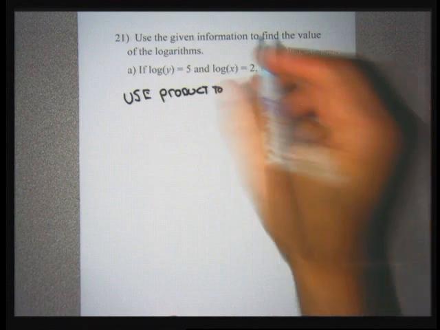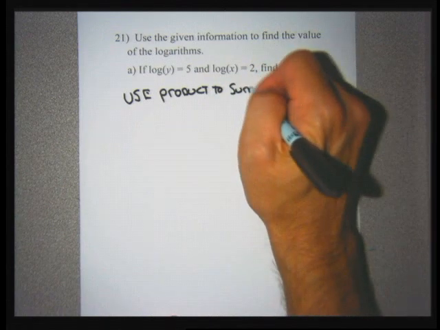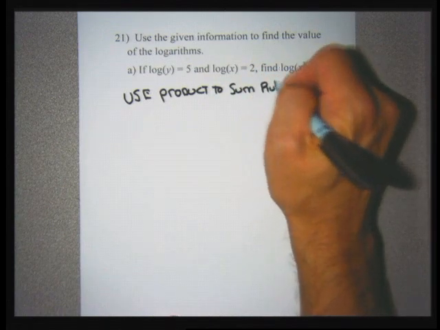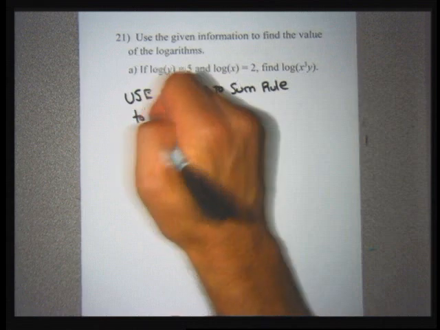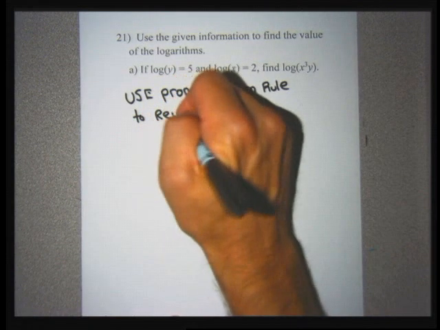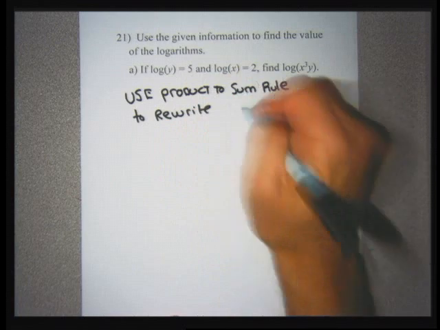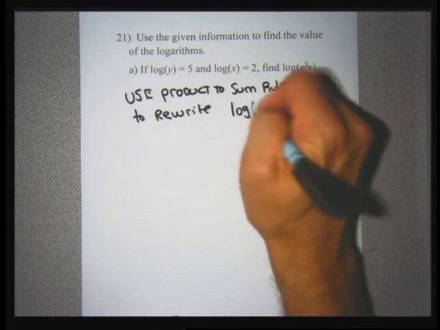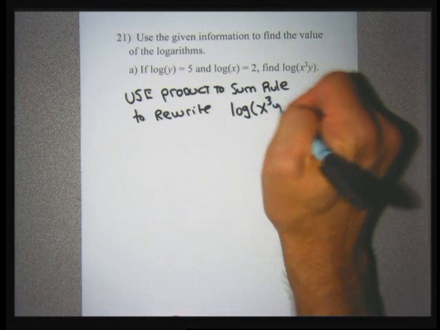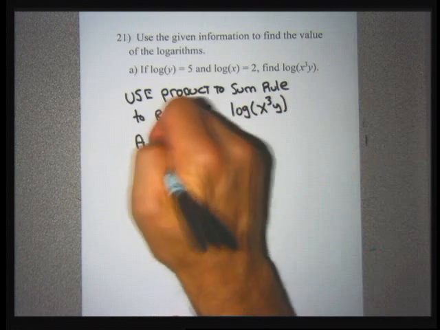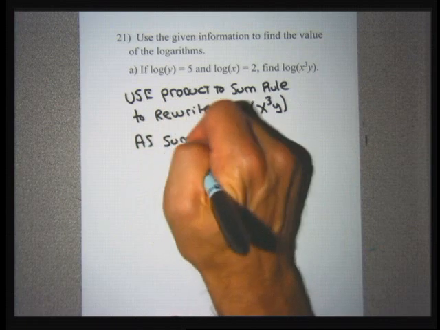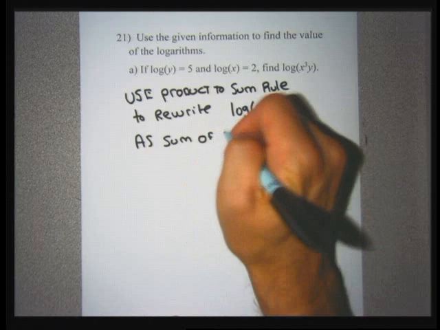You can call it the sum to product rule, depending which direction you're working. To rewrite this logarithm base 10 of x cubed times y as the sum of 2 logarithms.